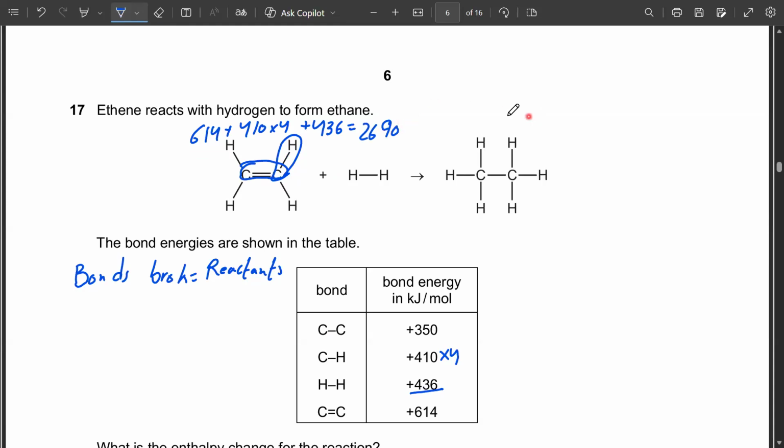This is the value for the reactant side, and then for the product side, there is one single C-C bond. The value is 350. So on the product side, 350 plus the value of carbon to hydrogen. Again, use the same value, 410, but this time there are six bonds between carbon and hydrogen. So 410 times 6. And this is equivalent to 2810.